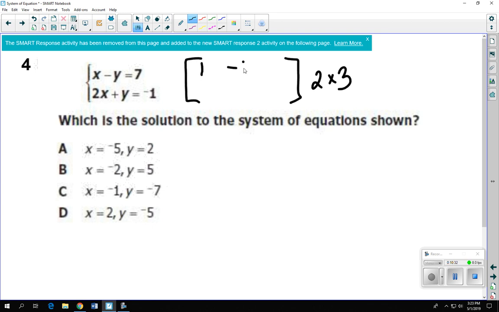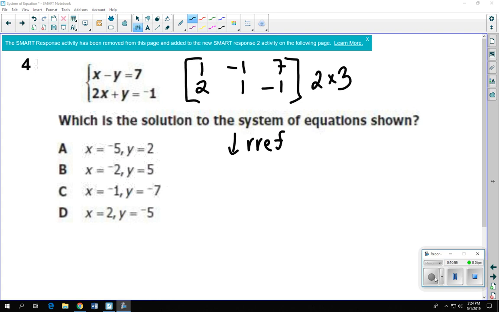So 1, -1, 7, 2, 1, and -1. When you go into your calculator, you'll hit the matrix, you'll scroll over to edit the A box, you're going to type this all in, and you are going to make sure it is RREF. This simplifies the box down.